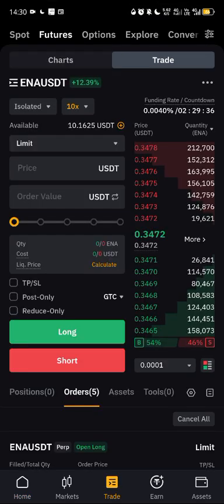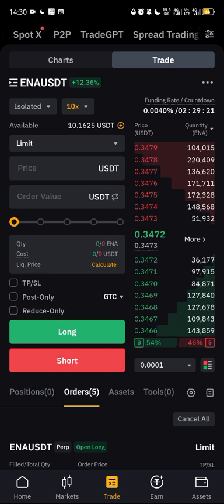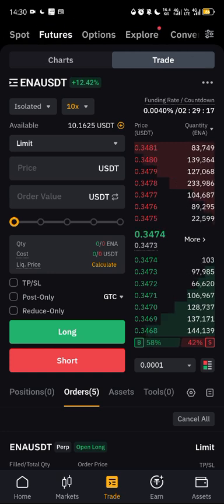See the middle icon below, your trade. That's where you want to go. Now, under your trade session, if you look up, you see the spot, you see the futures, we have the options, we have the explore, we have the convert, pre-market, spot X, P2P, trade GPT, spread trading, and the likes. But our focus for today is futures trading. Just like I mentioned earlier, futures trading is our focus for today.